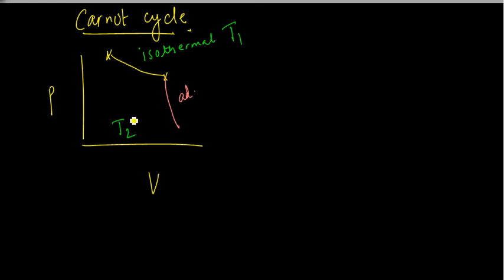Then this is again an expansion, right? The gas is expanded adiabatically. So the temperature T2 is less than temperature T1. And then I compress it back. I want to make a cycle. I compress it back isothermally. So that's an isothermal compression. And the last step in the cycle would be to compress it adiabatically.